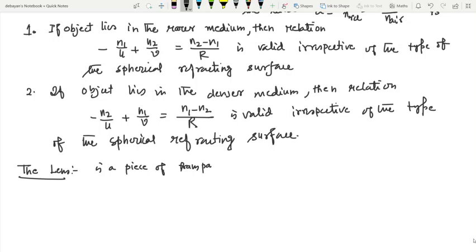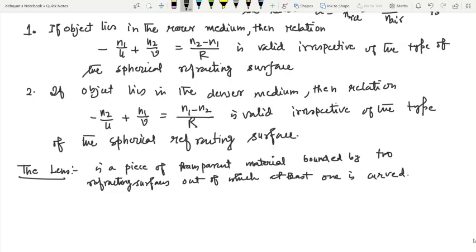And then you know that there are equiconvex, biconcave and plano-convex lenses. These are the different types of lenses, I think that is well known to you.